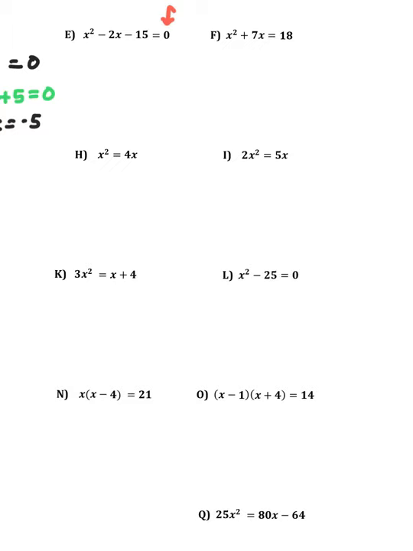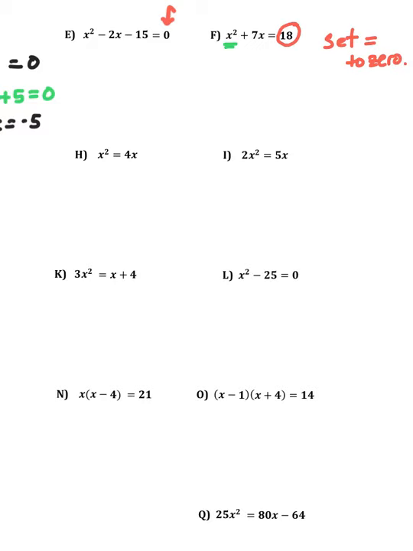How about letter F? When I look at F, we need all of our quadratics, so our leading term is x squared, to be set equal to 0, not 18. All of these problems should be set equal to 0.